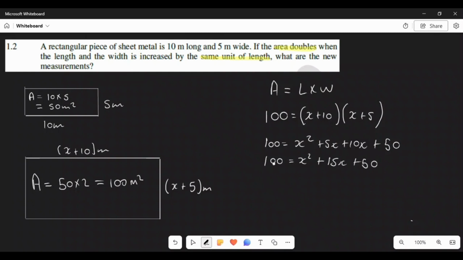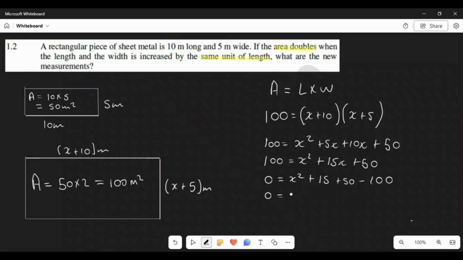Very simple. Then what we do, we take this 100 to the other side, we are left with 0. This is going to be x squared plus 15x, and then we have plus 50 minus 100. Right, so this is going to be the final answer.